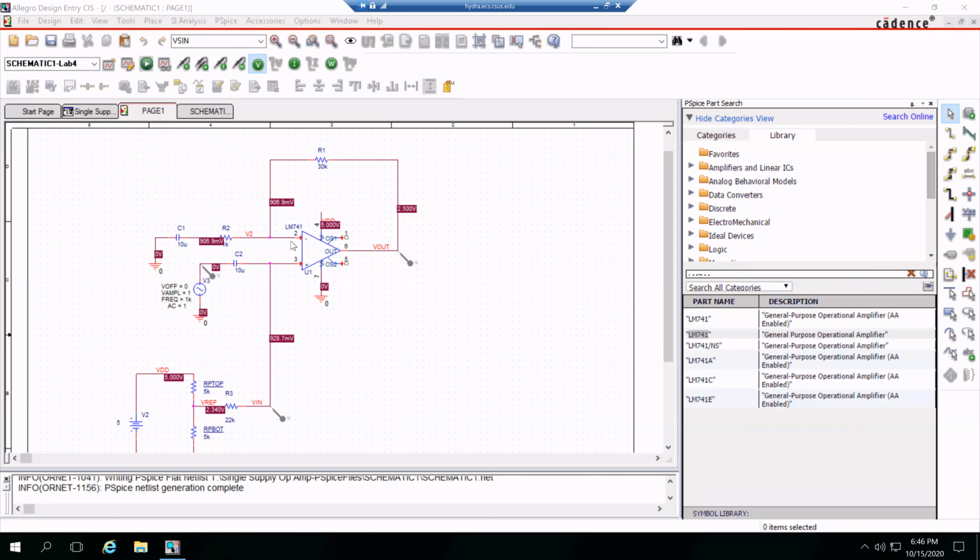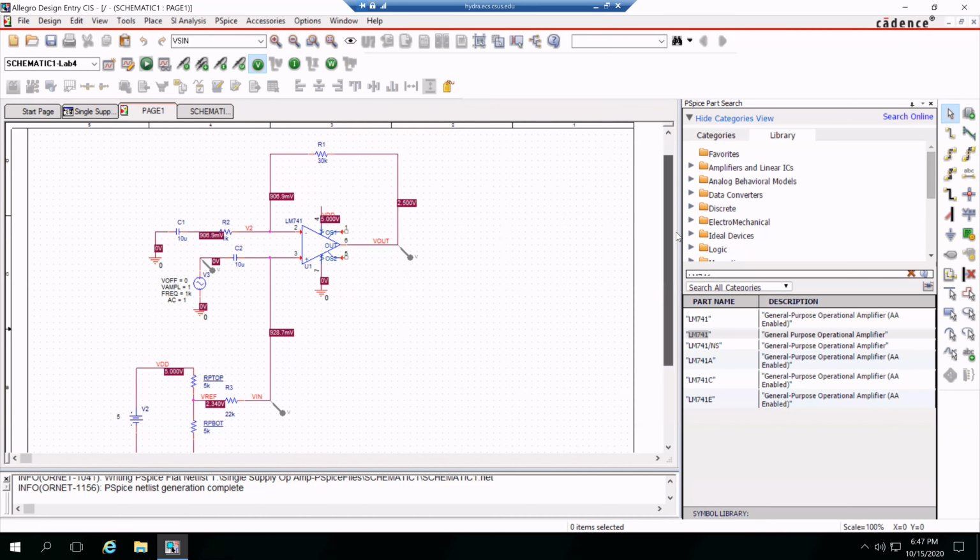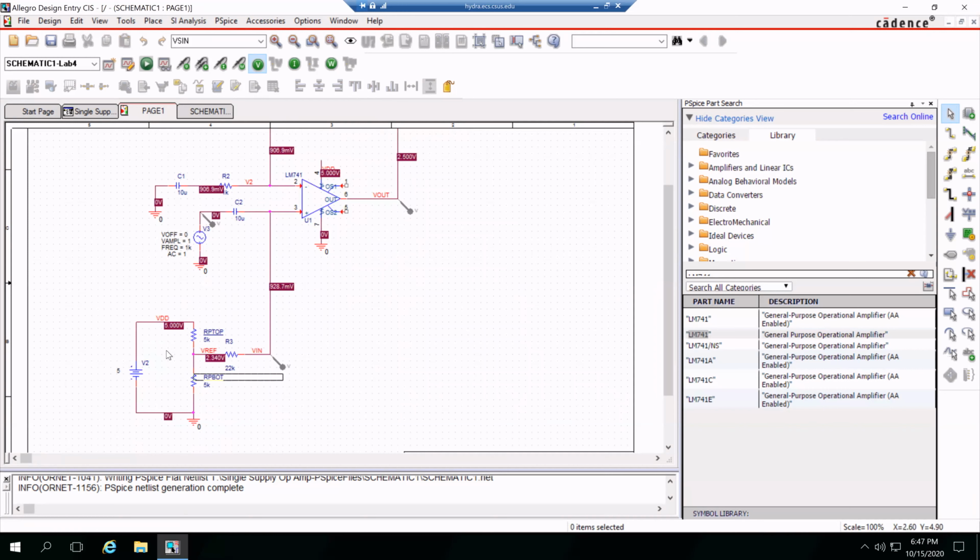That's not good. Let's go back and take a look at our schematic and see what's wrong right here. Why is that occurring? So we got, let's see here, 5 volts here, 0 volts here. Why is this 928 millivolts?